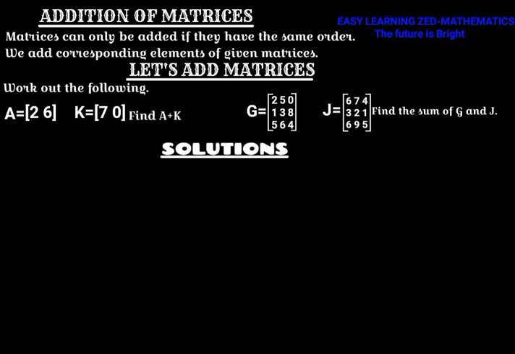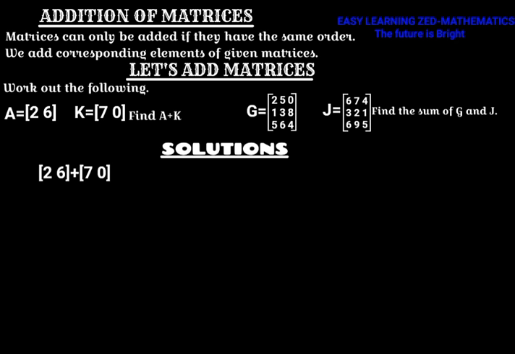What I'm going to do is leave out the names of matrices, then I'll just write the expressions of matrices. So I'm going to write like that. So [2 6], that is matrix A, and [7 0], that is matrix K. Now we are going to start adding.